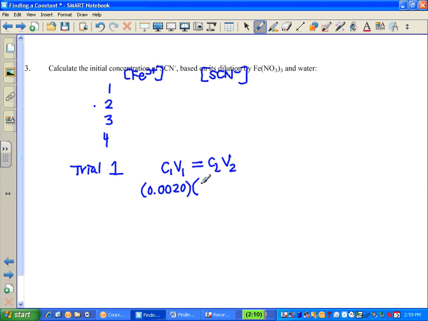In this case, the volume initially is 2. We're looking for the final concentration. And the final volume, again, the total volume of the solutions in the test tube is 10 milliliters. So we can calculate C2 from that. So the concentration of thiocyanate in test tube 1 is 4 times 10 to the negative 4 moles per liter.